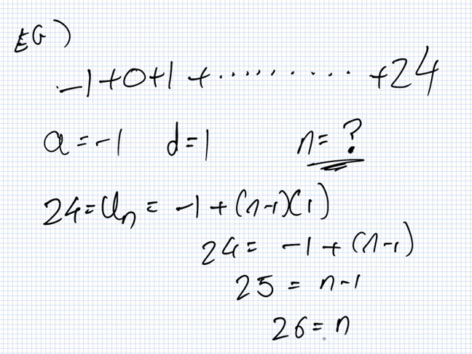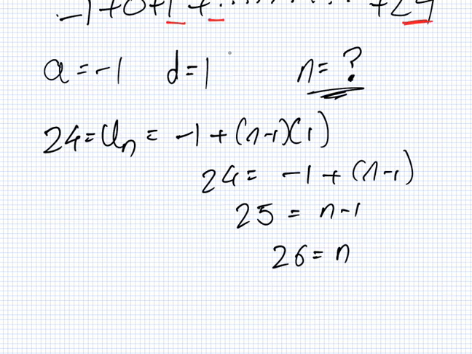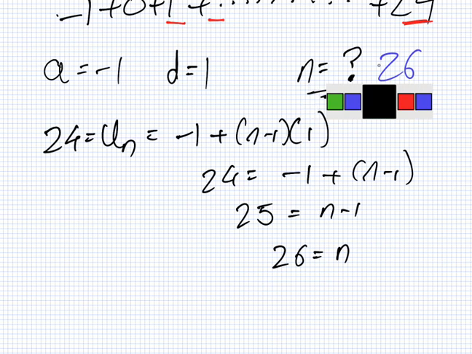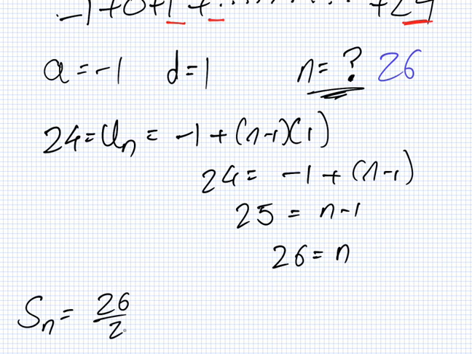Now if you think about it, yeah, it is 26, because if you look, you have 1, 2, 3, all the way up to 24, and then here, 25, 26. So you do have 26 numbers here. Right, now that we have the n, we can add them together using our formula. Sn is n over 2, 2a plus n minus 1 times d.